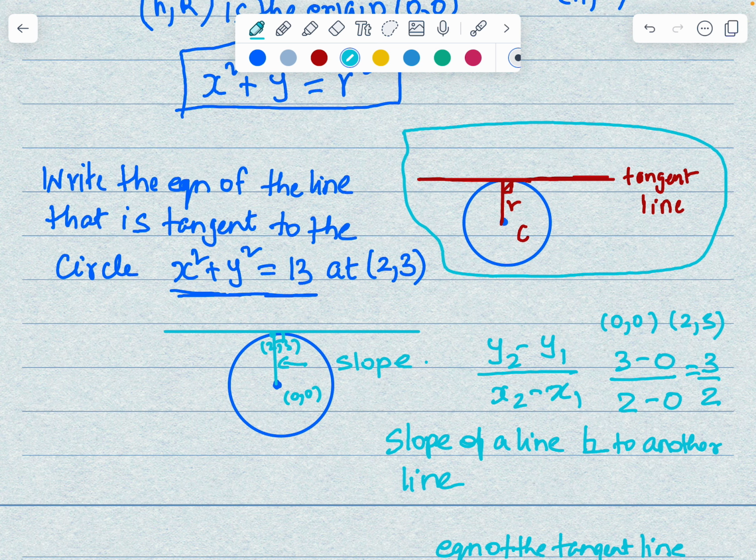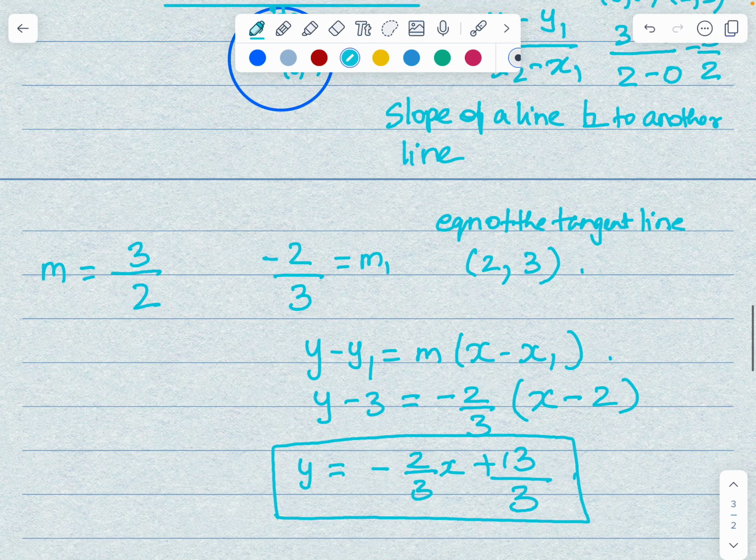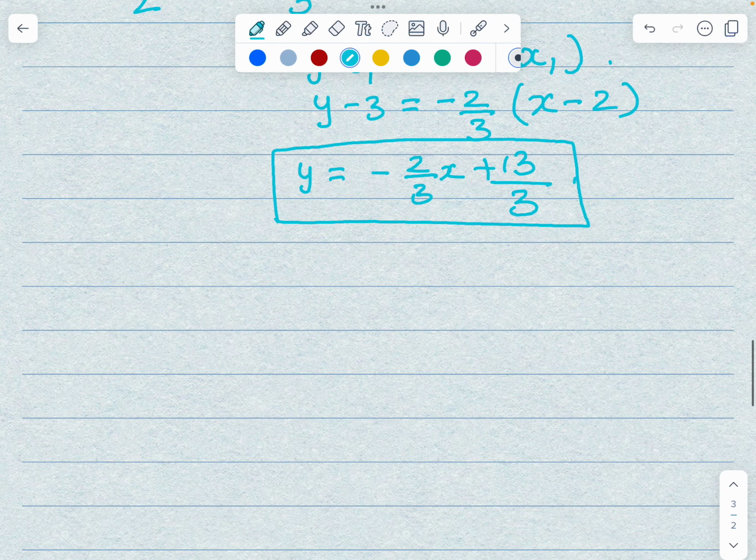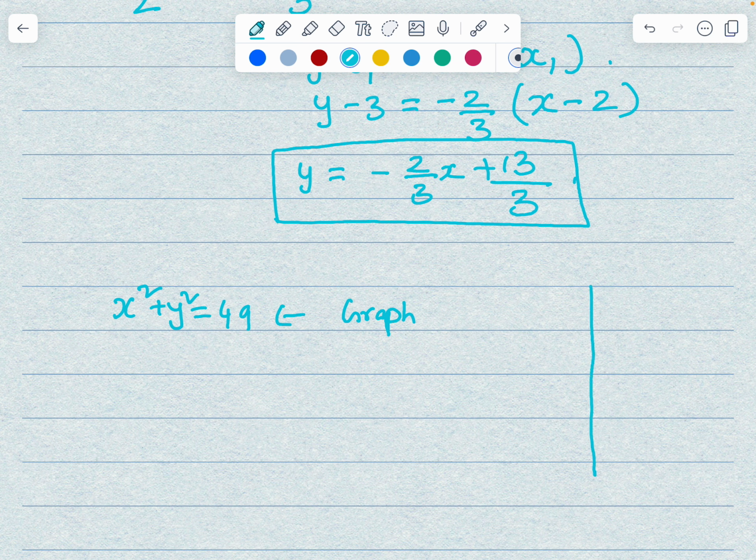Okay. The other kinds of questions that you will get in circle are pretty straightforward. You may be given an equation like x squared plus y squared is equal to 49 and asked to graph it. You just draw your coordinate plane. Because it's x squared plus y squared, you know the origin is the center.